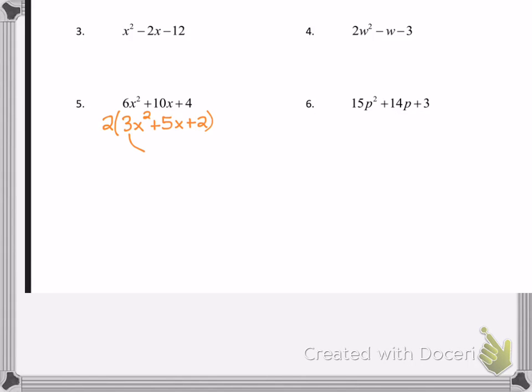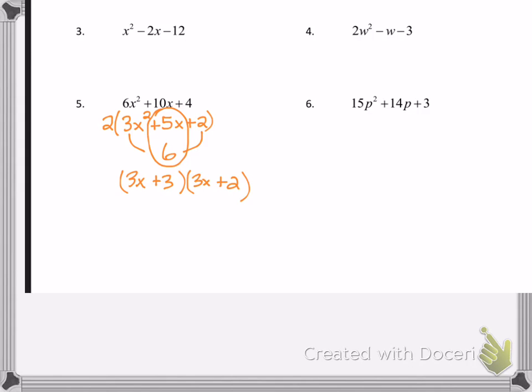Miller method. 3 times 2 is 6. Make my binomials. 3x and 3x. And then focus on 6. So product of 6, sum of 5. That's +3 and +2.